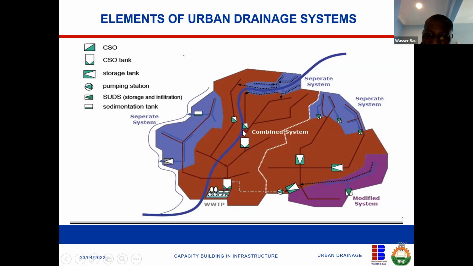So ideally, what this is telling you is that sometimes your storm will just flow straight into the open river, open stream, okay? And other times, for the combined system, the sewer network will go through some kind of throttle structure that will separate the two, so that the contaminated ones that require a lot of treatment will go to the wastewater treatment plant.